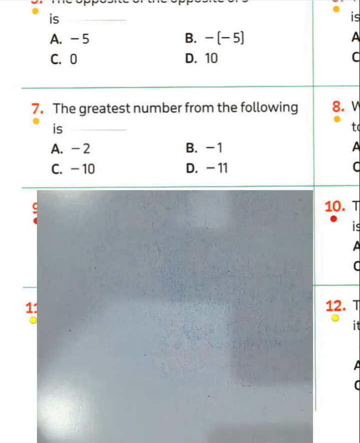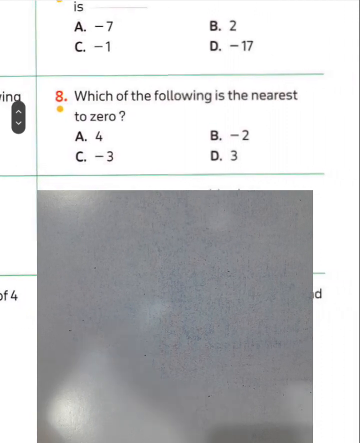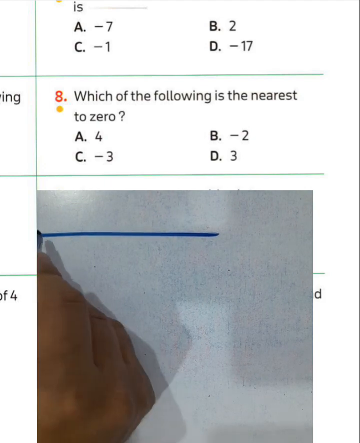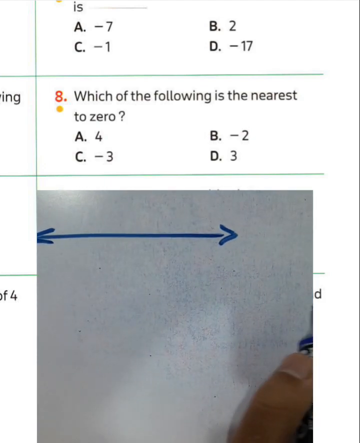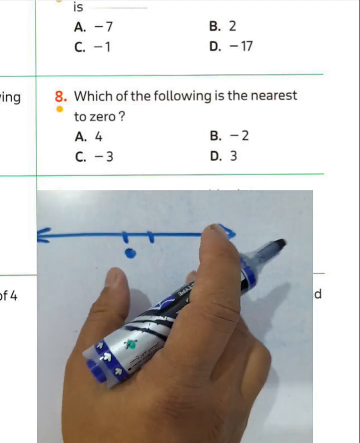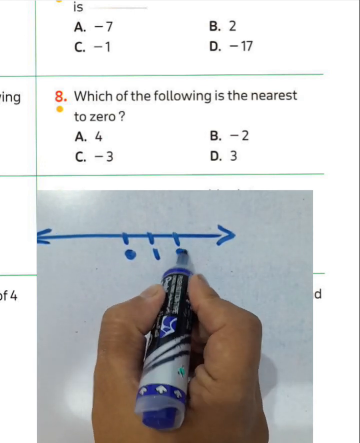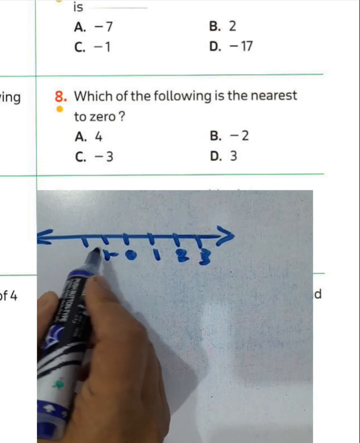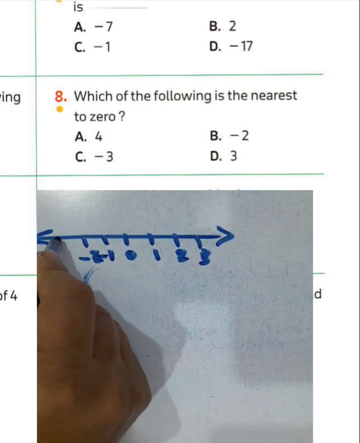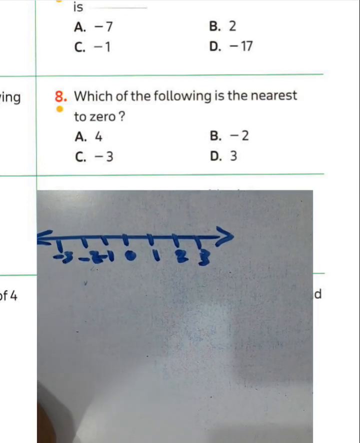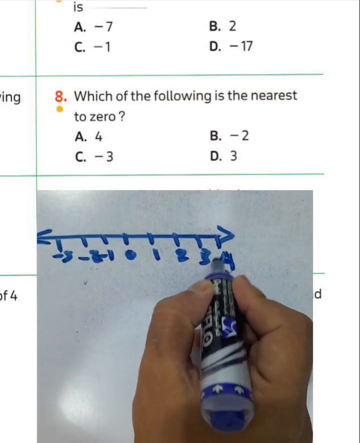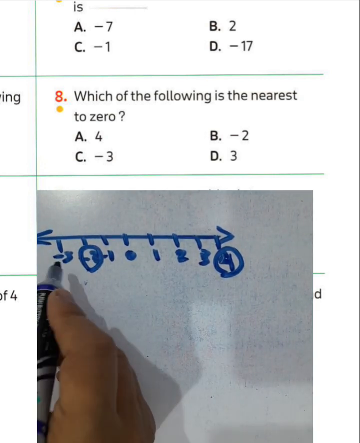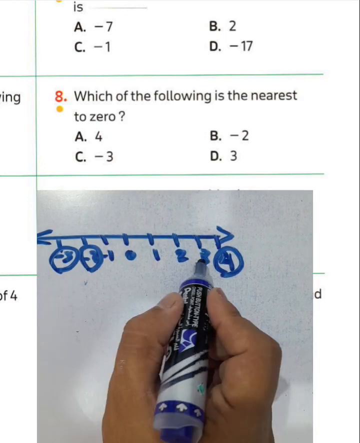Question number 8. Which of the following is nearest to 0? We have a number line here. We put 0, on the right-hand side the positive numbers 1, 2, 3, and on the left-hand side the negative integers -1, -2, -3 and so on. He gives us 4, -2, -3 and 3.